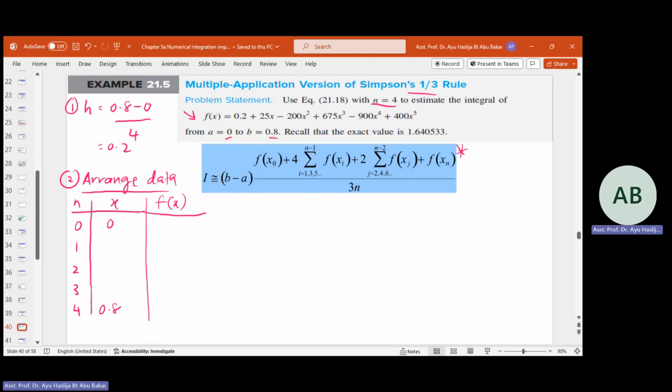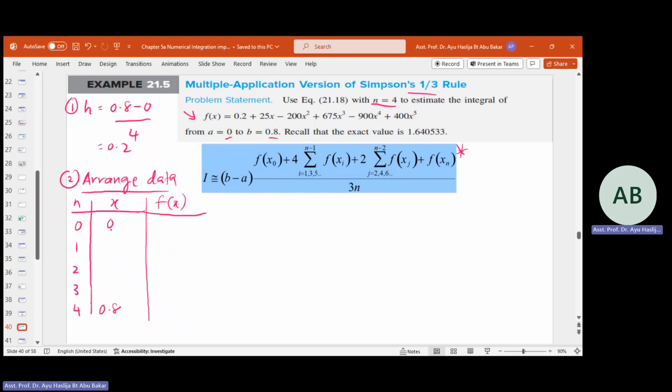Ruben, what is x1? What should be the value for x1? How to get the x1, Ruben? x0 plus h. x0 here means the previous value.